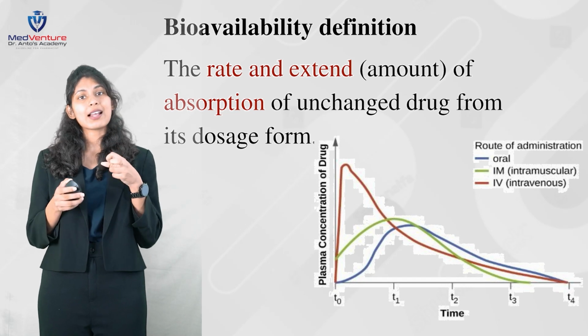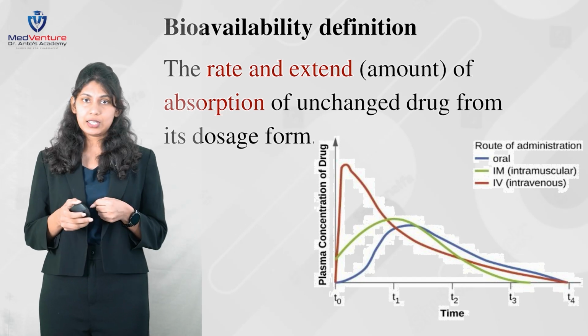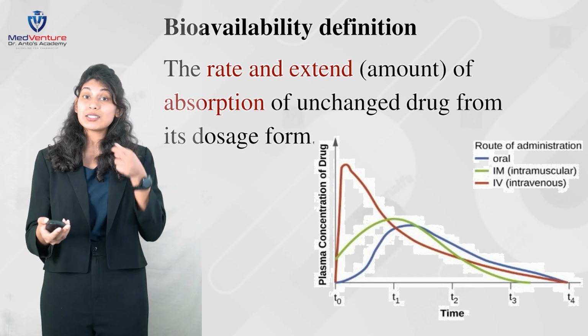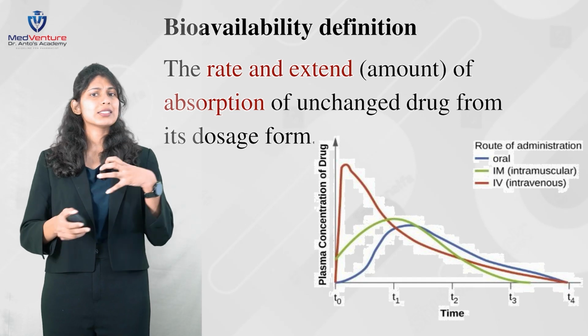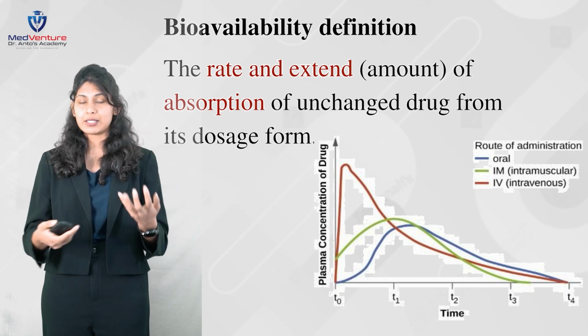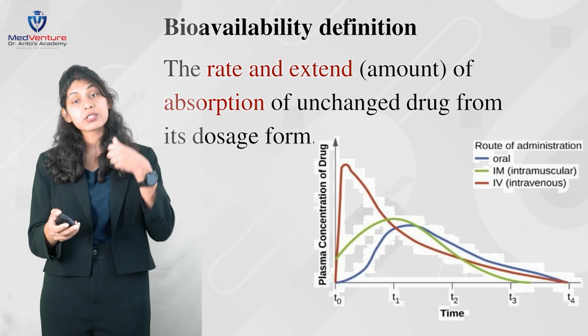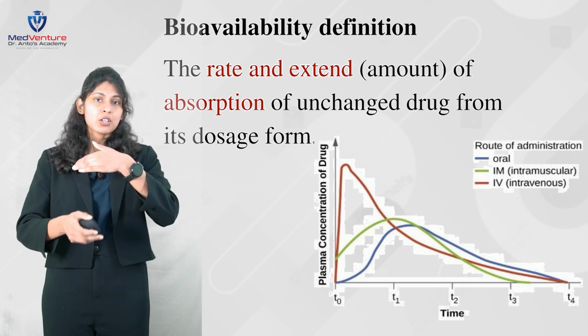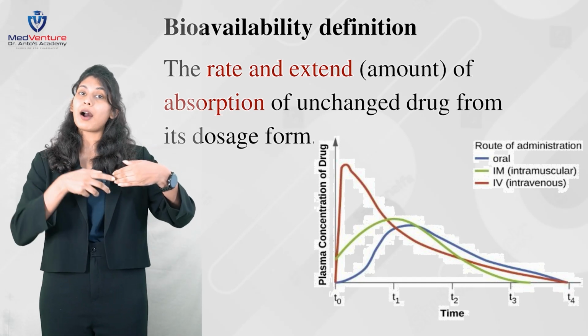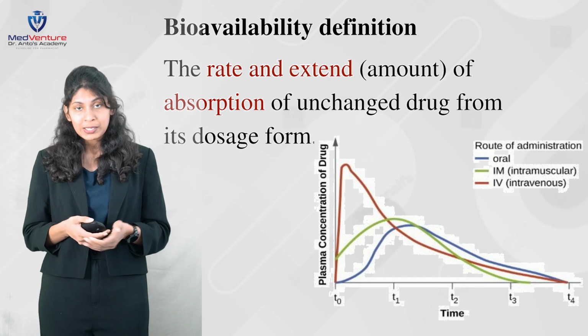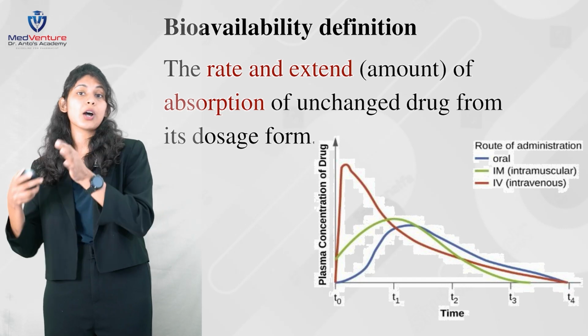So where does the drug have to get absorbed? Into the blood circulation, right? So if you're giving a drug directly into the blood circulation, there's nowhere the drug can get wasted, the whole drug itself is getting into your systemic circulation. So we are deleting the absorption part when it comes to the intravenous route, and we're directly jumping into distribution.